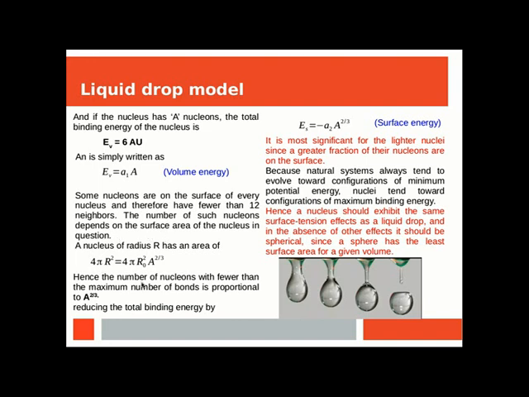Considering the surface effects, we come up with a different type of energy. The surface area is given by 4 pi r squared, and R is represented in terms of mass number like this.